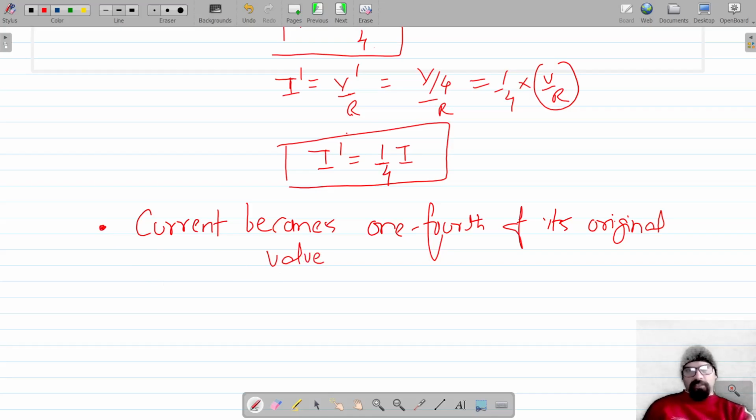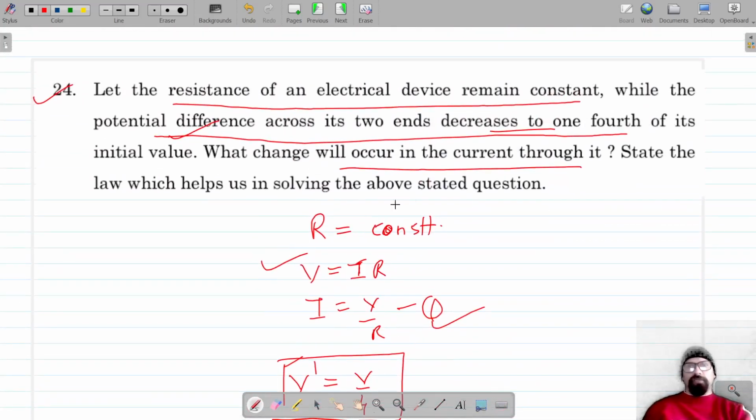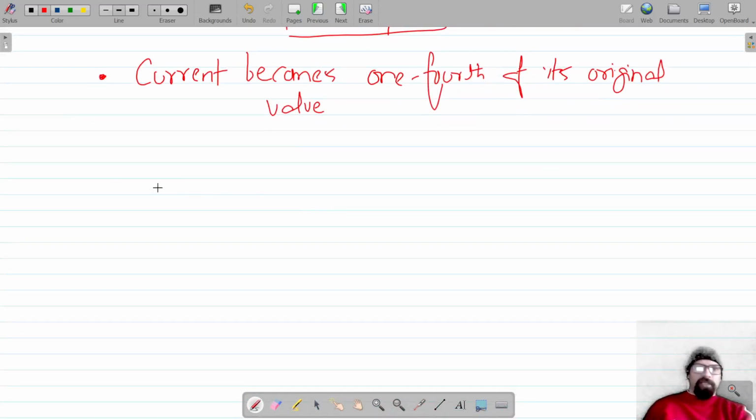Now, we have to state the law which we have used. The law which helps us in solving this is Ohm's law. We have to name it and state it, which means we have to write the definition.